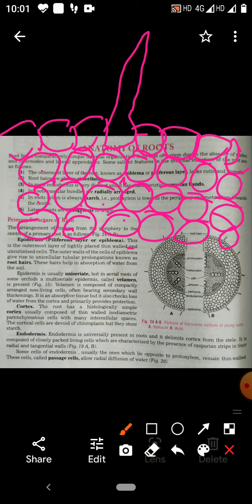After the cortex, there is a second layer. This is the endodermis. Endodermis delimits the cortex. It is made up of closely packed living cells, and these cells have Casparian strips.